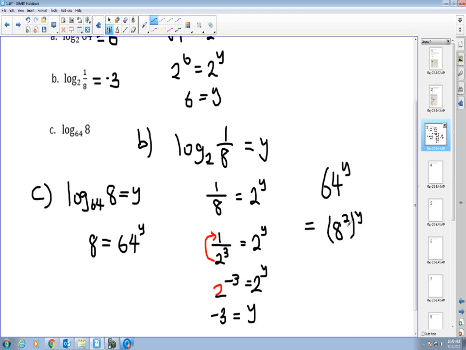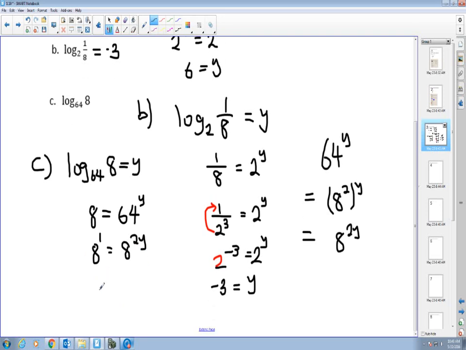So here I can use my power rule and say this is the same thing as 8 to the 2y power, because I want to make the base the same. So that's 8 to the first power equal to 8 to the 2y power. So bases are the same and equal. Set the exponents equal to each other. That means 2y equal to 1, y equal to a half.